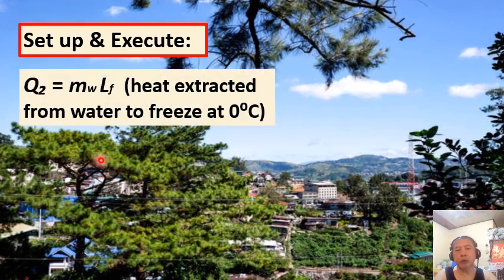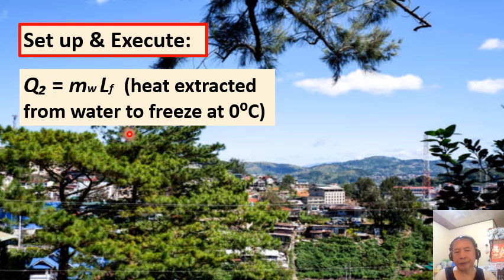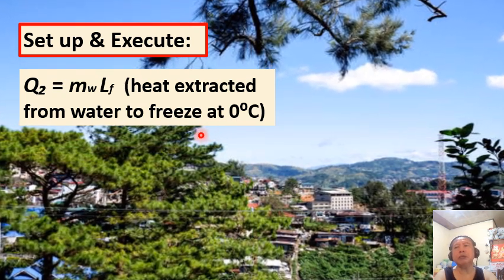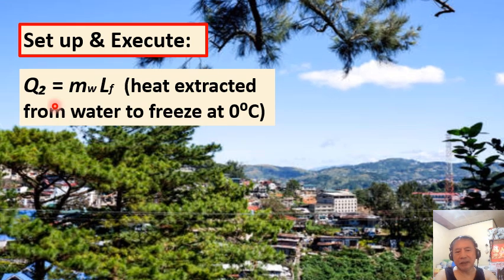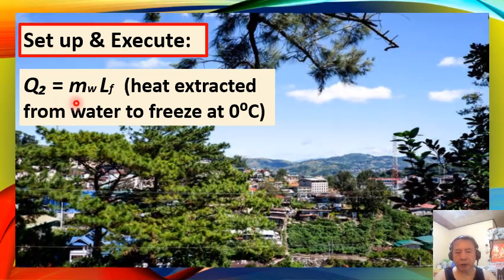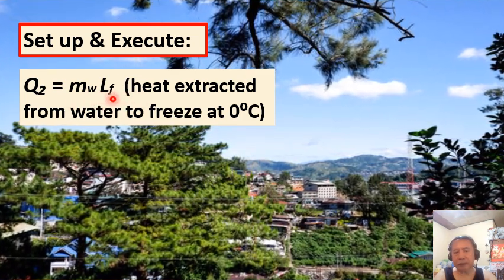For Q sub 2, which is the amount of heat extracted from water at 0 degrees Celsius for it to completely freeze, that is just equal to the mass of the water and the constant known as the latent heat of fusion.